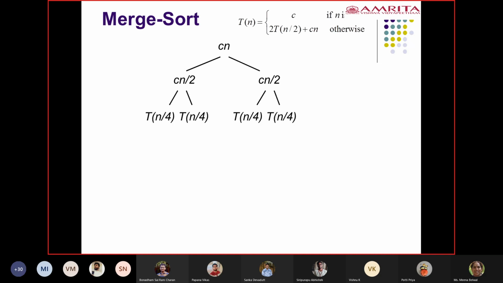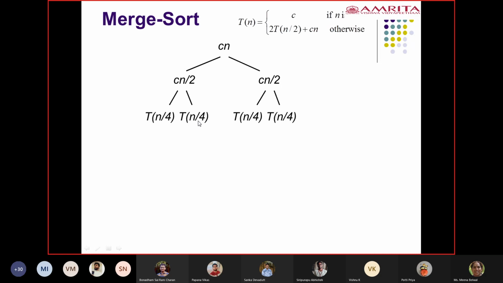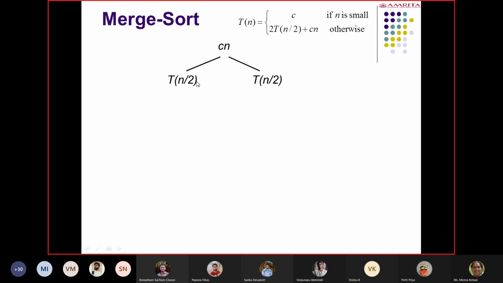So the next time, this T(n/2), T(n/2) again I can write as Cn/2 and T(n/4), T(n/4). Again I am exploring as 2T(n/4) plus Cn/2. So I am replacing n with n/2.